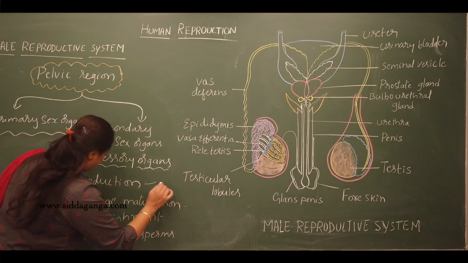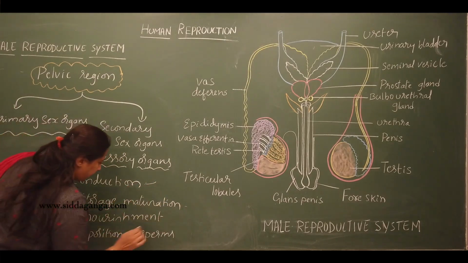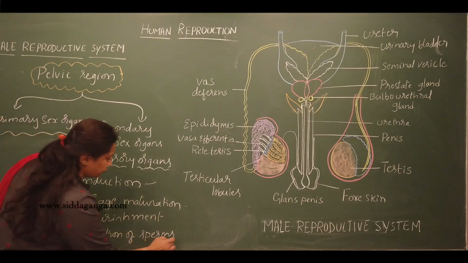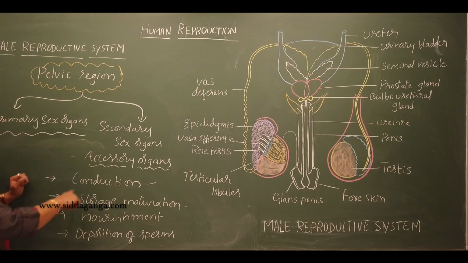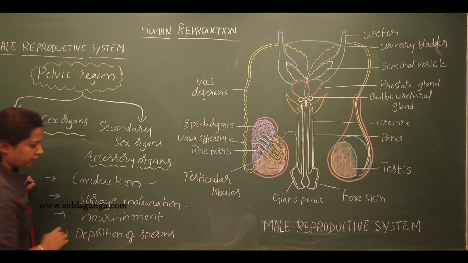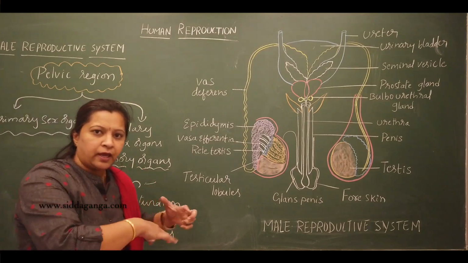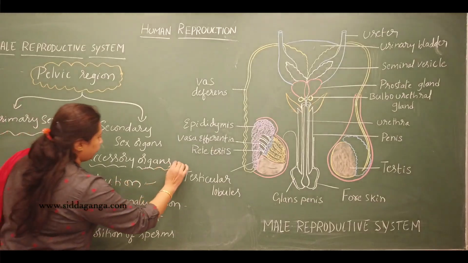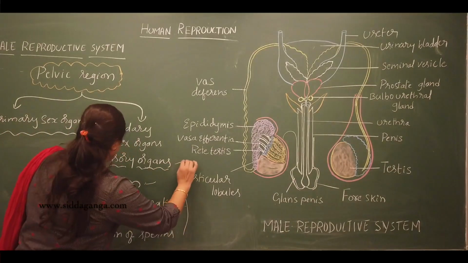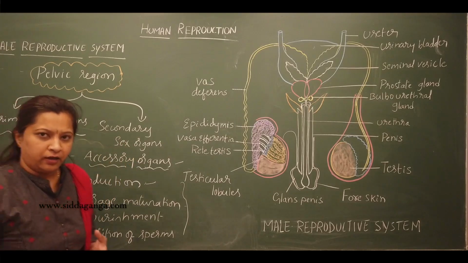By performing these important functions, they are assisting in the process of reproduction. So that's why these are called accessory organs, the secondary sex organs.